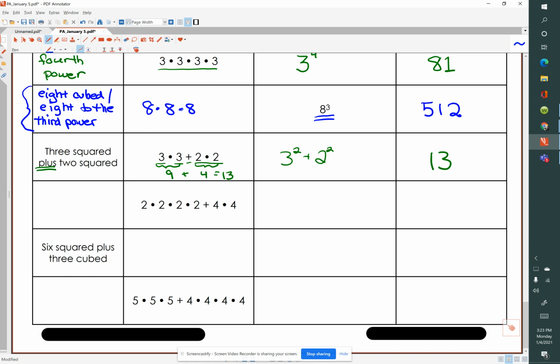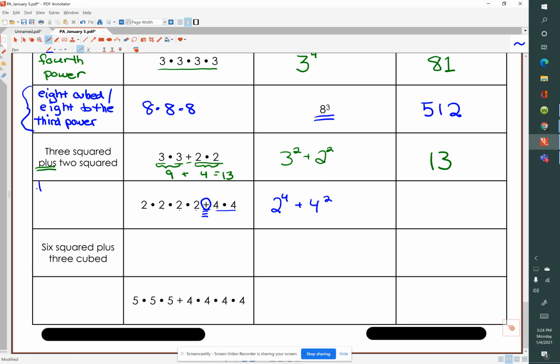Let's go on to the next one. Again, we have another operation. We're adding. So we have 2 to the 4th power plus 4 to the 2nd power.